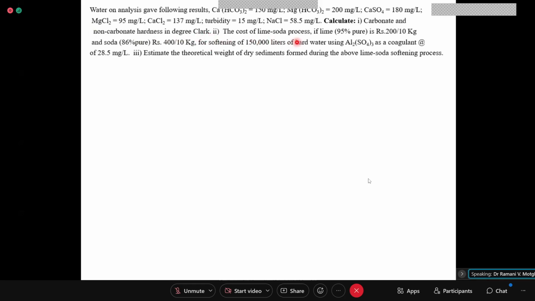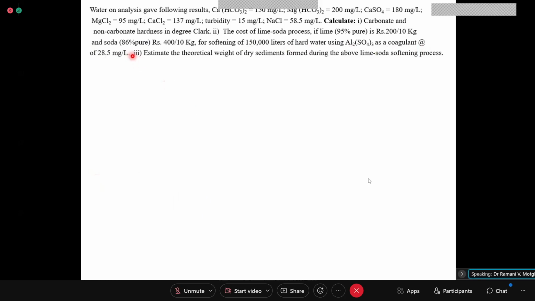Then the cost of the lime soda process if lime is 95% pure, at rupees 200 per 10 kg, and soda 86% pure, at rupees 400 per 10 kg, required for softening 150,000 liters of hard water using Al2(SO4)3 as a coagulant at the rate of 28.5 milligrams per liter.